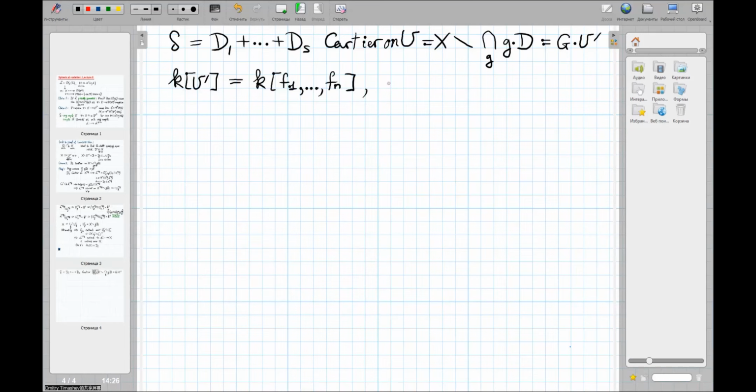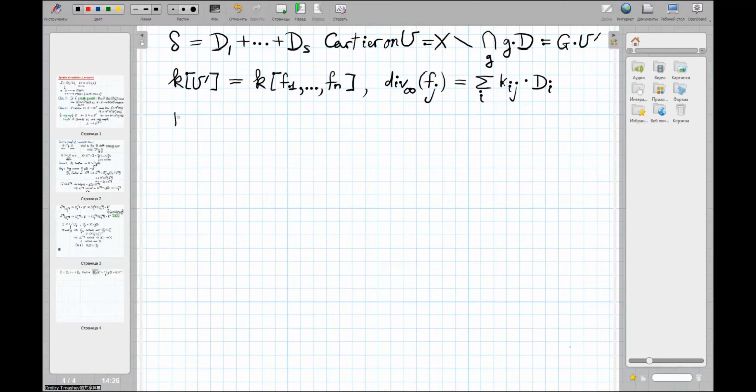This means that if you consider this function as a rational function on the whole X, then the poles of this function sit outside U prime. The divisor of poles of each of these f_j's is a linear combination of these D_i's with some coefficients, a sum over i of k_ij times D_i.